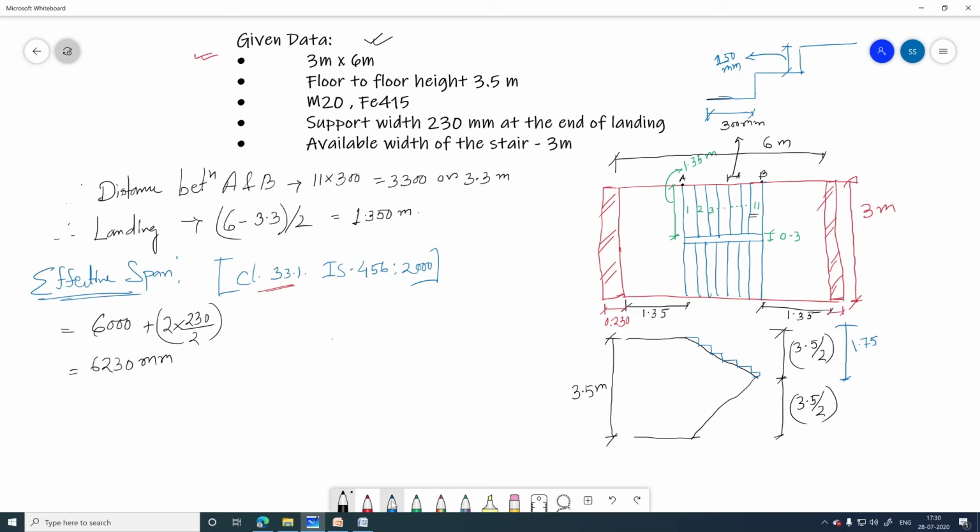Now, what we need to determine is the effective depth. In beam design and slab design we already determined the effective depth.